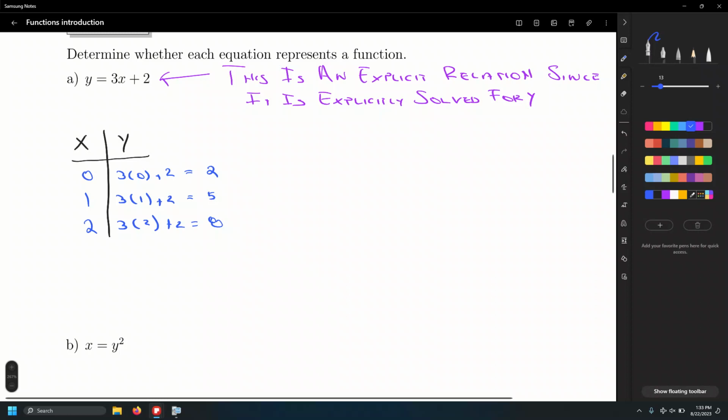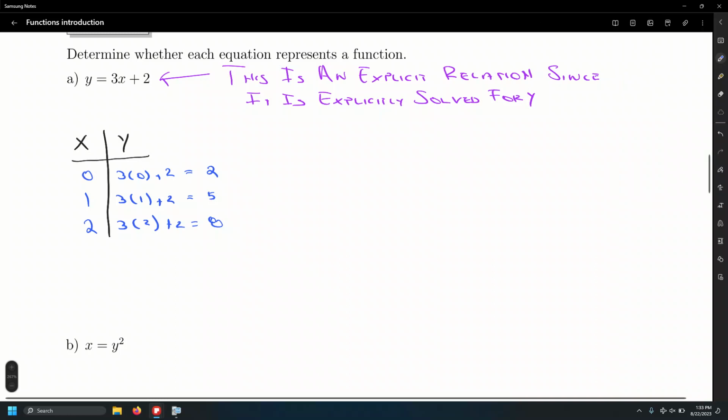We can transfer these numbers into bubble notation. That is 0, 1, 2, these comprise elements in the domain, and 2, 5, 8 comprise elements in the range.